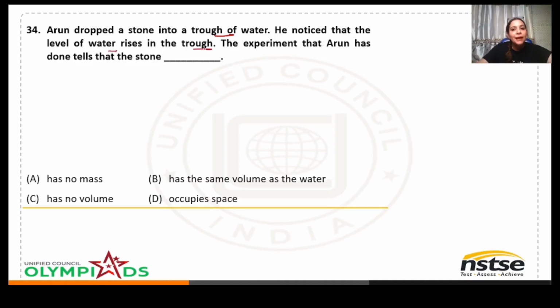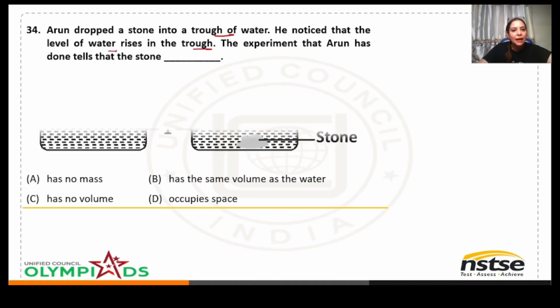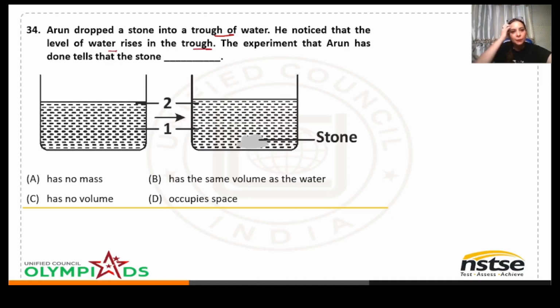The experiment that Arun has done tells that the stone, we have this experiment given. So Arun dropped a stone into a trough of water. Okay, so initially the level was this. When the stone was dropped, the level rose. Okay, so the experiment that Arun has done tells that the stone has no mass.